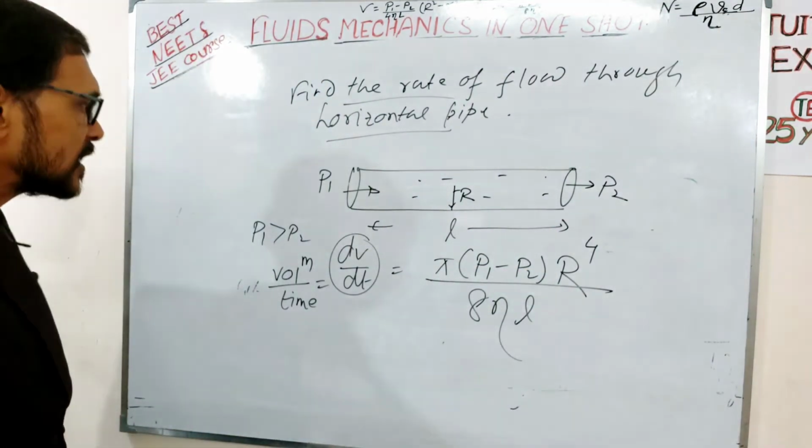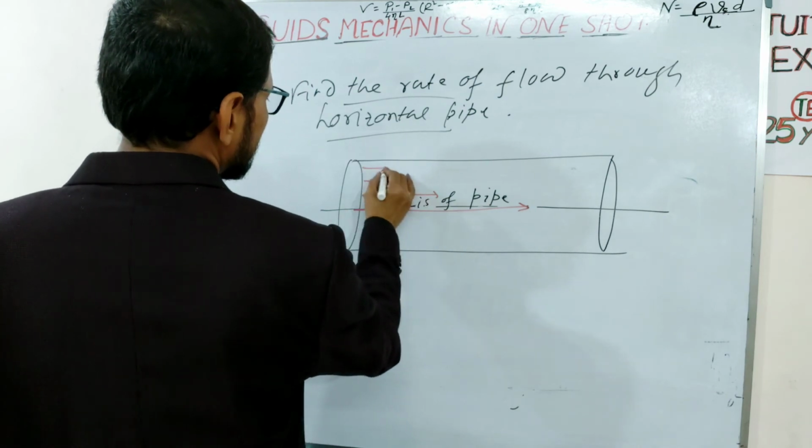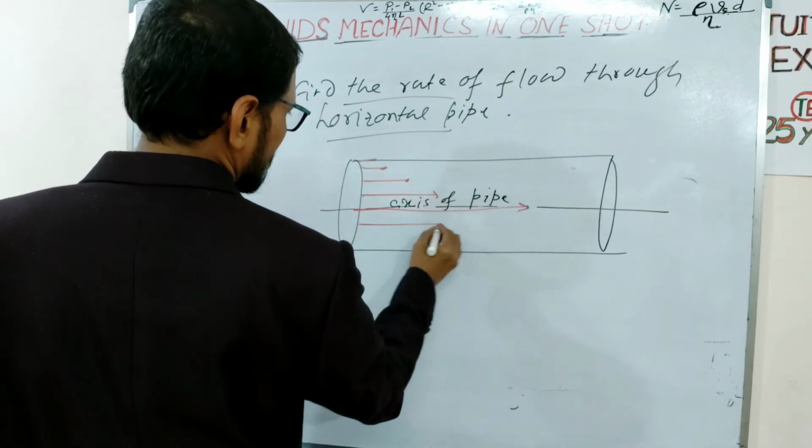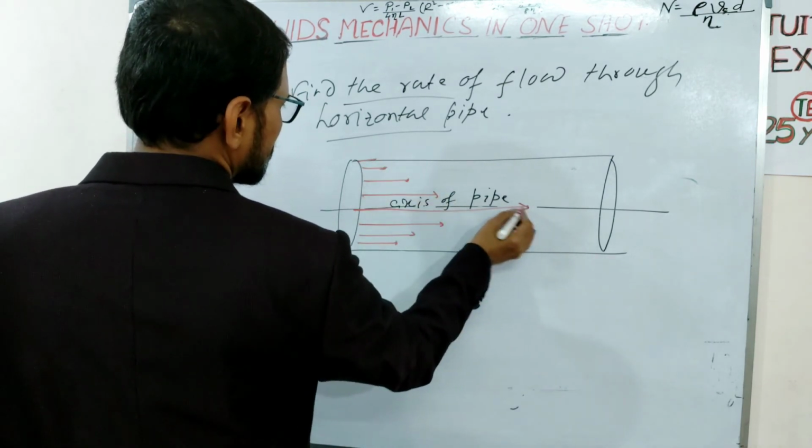So this is one formula, and another is that the velocity gradually decreases. So velocity will be like this.